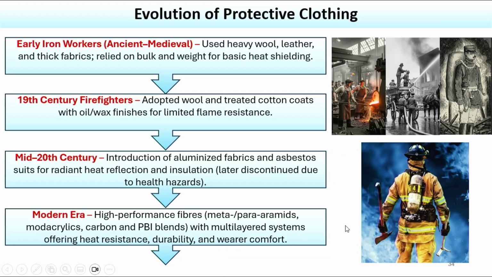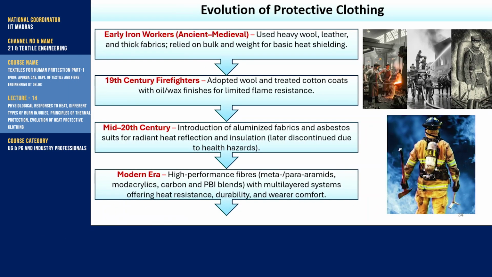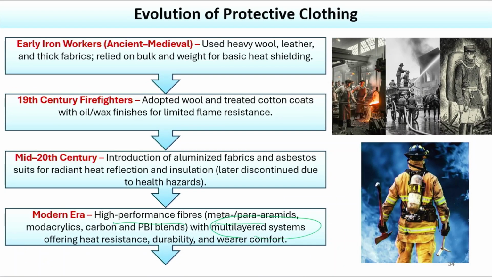In the modern era we do not use clothing in a single layer, even if it is a high performance fiber like meta and para aramid. We use a multi layered system, and each and every layer has its own duty to perform.